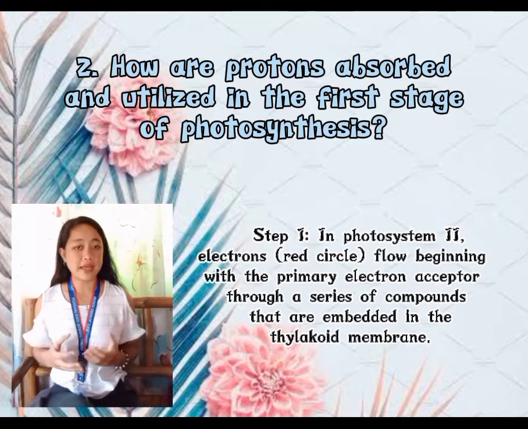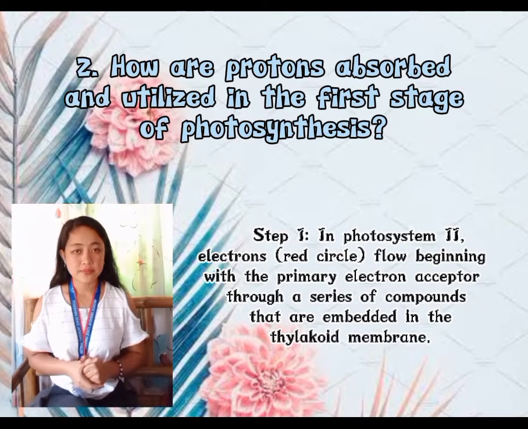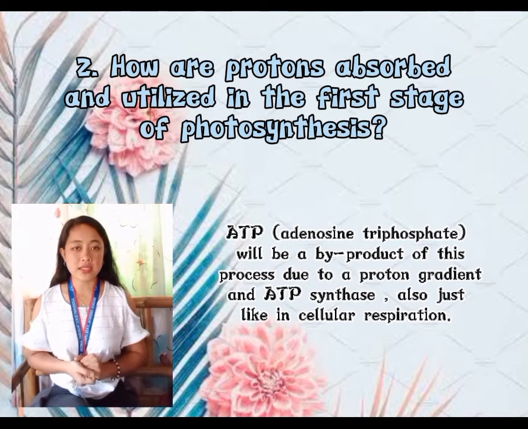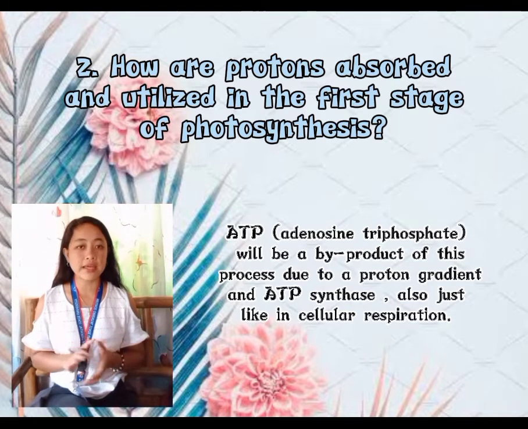So the movement of electrons is represented by the red arrows. Next, ATP or adenosine triphosphate will be a byproduct of this process due to a proton gradient and ATP synthase, just like in cellular respiration.